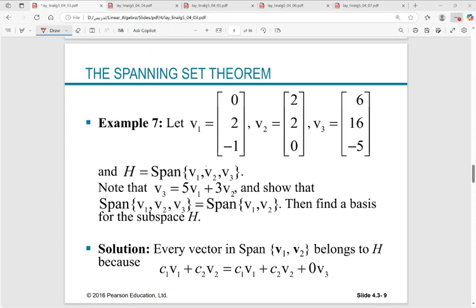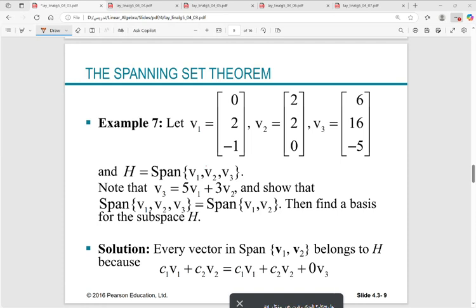Okay, so let me repeat it again. We have three vectors, V1, V2, and V3. And a subspace H is defined as the span of V1, V2, V3.